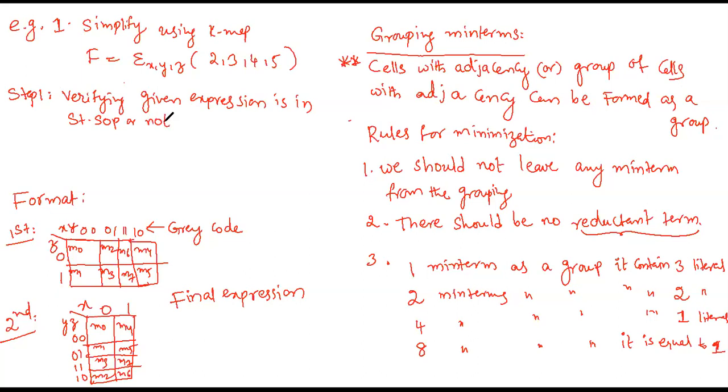If it is not in standard SOP, you need to convert the given expression into standard SOP. If it is standard SOP, leave it as it is. Here, the function is given in the mathematical form sigma. So sigma indicates standard SOP. Sigma indicates the expression is in standard SOP. So no need to change anything.